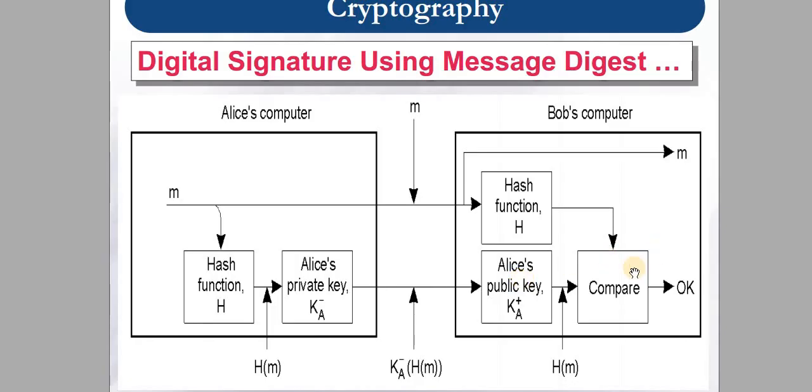Alright, that's an alternative way of doing it. But in this diagram, we are focusing only on using hashes or message digests to apply digital signatures. Alright, so that's how we can apply digital signatures, both using public key crypto systems and message digest.